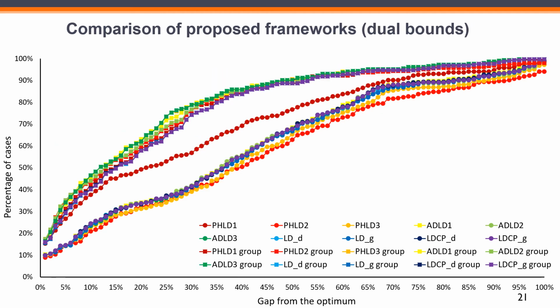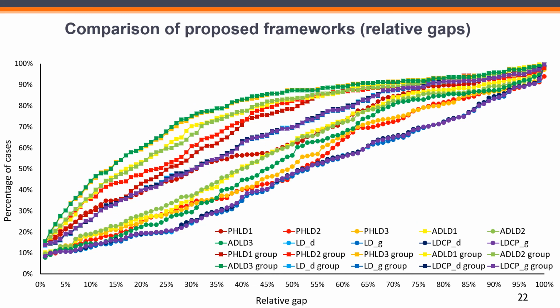And this figure shows the percentage of total cases versus the gap from the dual optimal for dual bounds generated by the 20 different frameworks. We can clearly see the differentiation between the frameworks with group strategies and without group strategies, where the group strategies help the frameworks obtain tighter dual bounds.